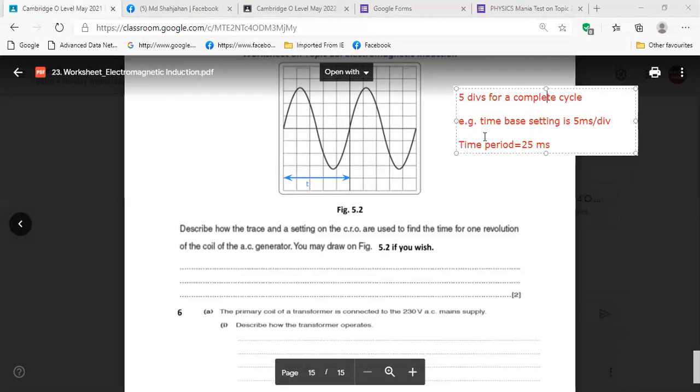This example will always remind me of the thing. The points will be like this, what I am writing here.